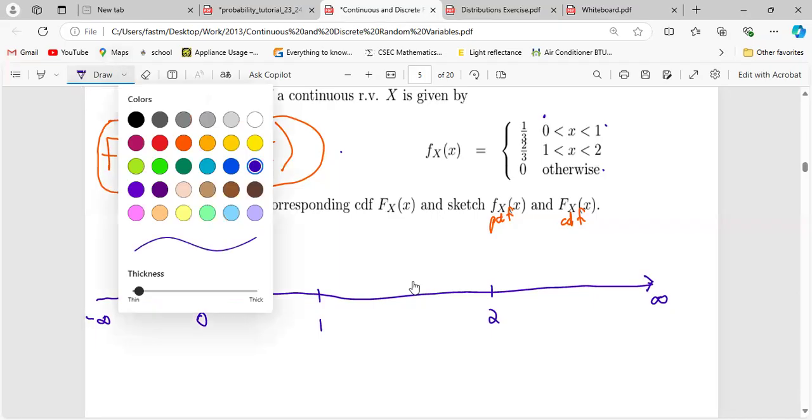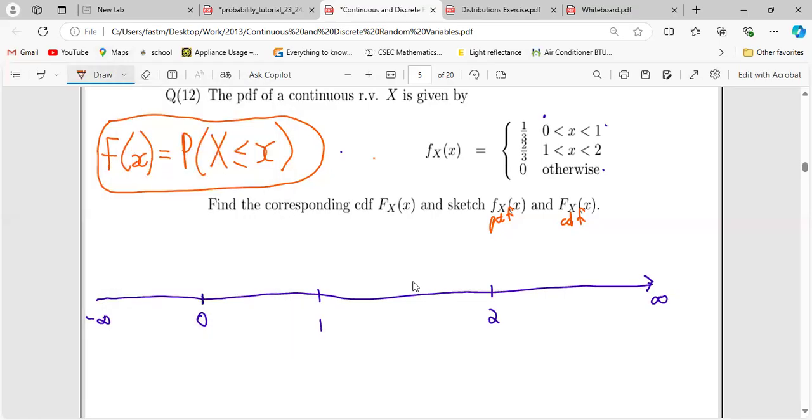So now you're going to put in the probabilities in between, whatever they give. In this case, between 0 and 1 it is 1/3. Between 1 and 2 it is 2/3. And from 2 to infinity it is 0. And from minus infinity to 0 it is 0. So this is what you're working with on a line.